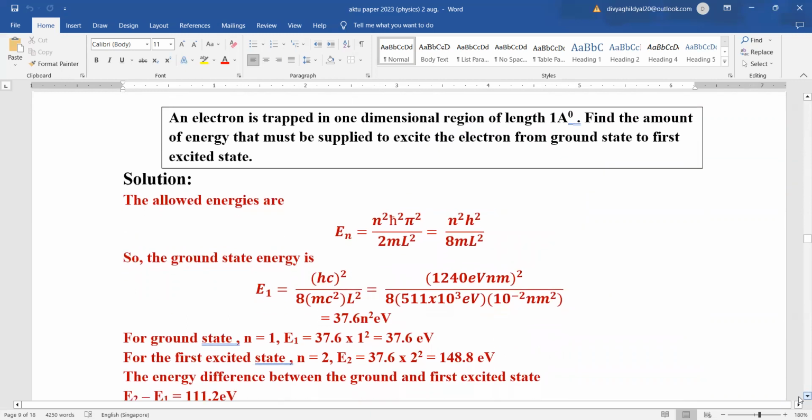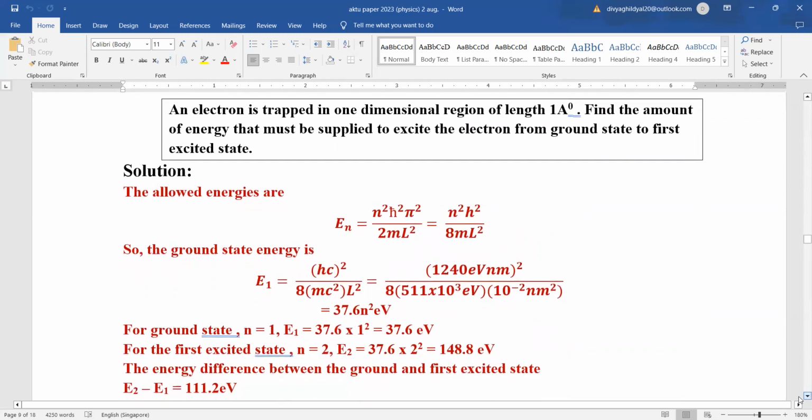See, an electron is trapped in a one-dimensional region of length 1 angstrom. Find the amount of energy that must be supplied to excite the electron from the ground state to the first excited state. We will use the formula for the eigenvalue: En equals n squared h bar squared pi squared upon 2 m L squared.